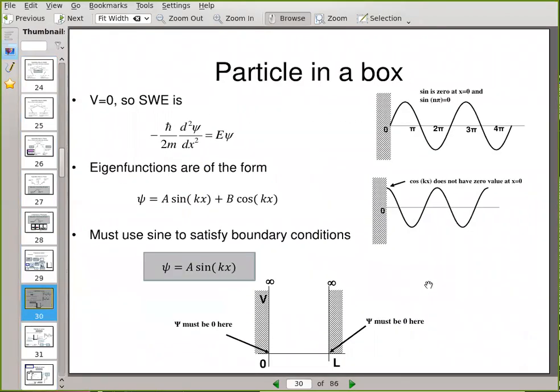So first of all, we have a Schrodinger wave equation, and eigenfunctions are of a form something like this. So if you were to fit this into that, you would find that it works quite nicely. However, if you look at a sine function, this is how a sine works: at 180 degrees, it's at 0, at 360, it's 0.